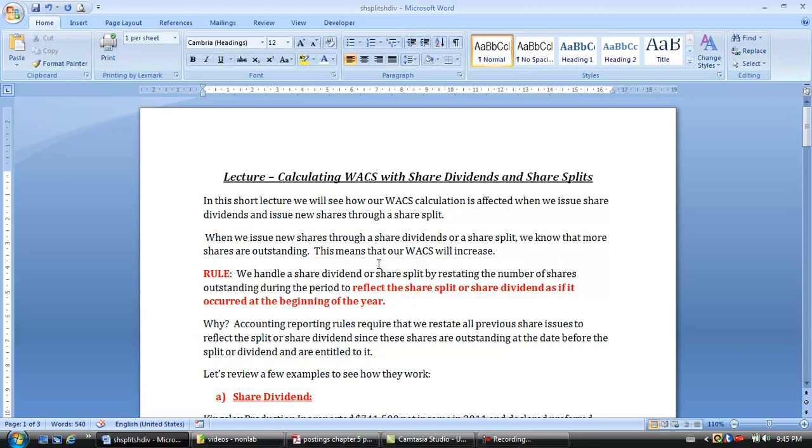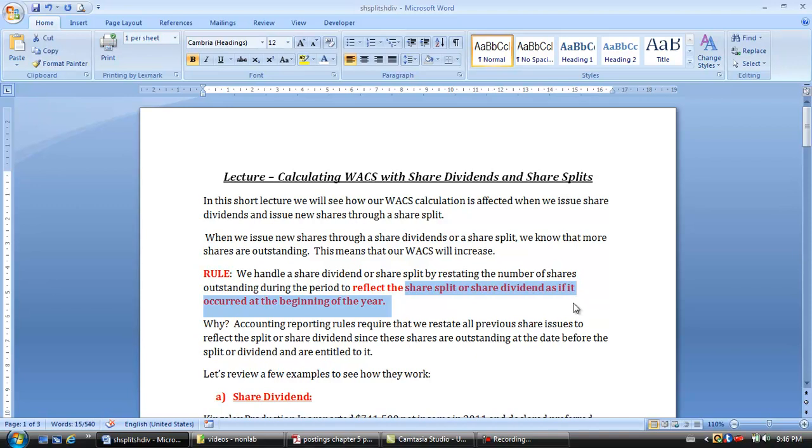Well, the rule here is that all of the shares that were outstanding before the share dividend or the share split all have to be restated as if the share split or share dividend had occurred at the beginning of the year.